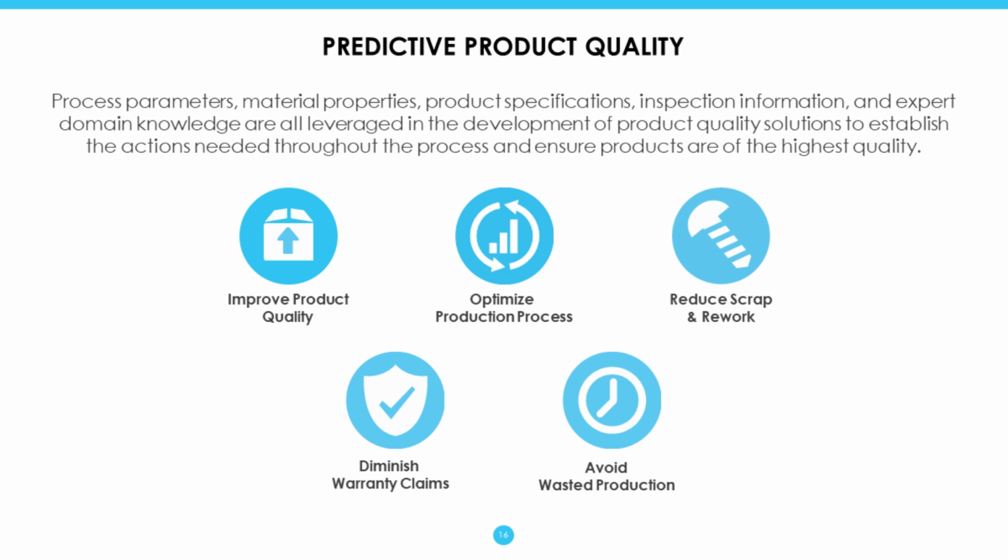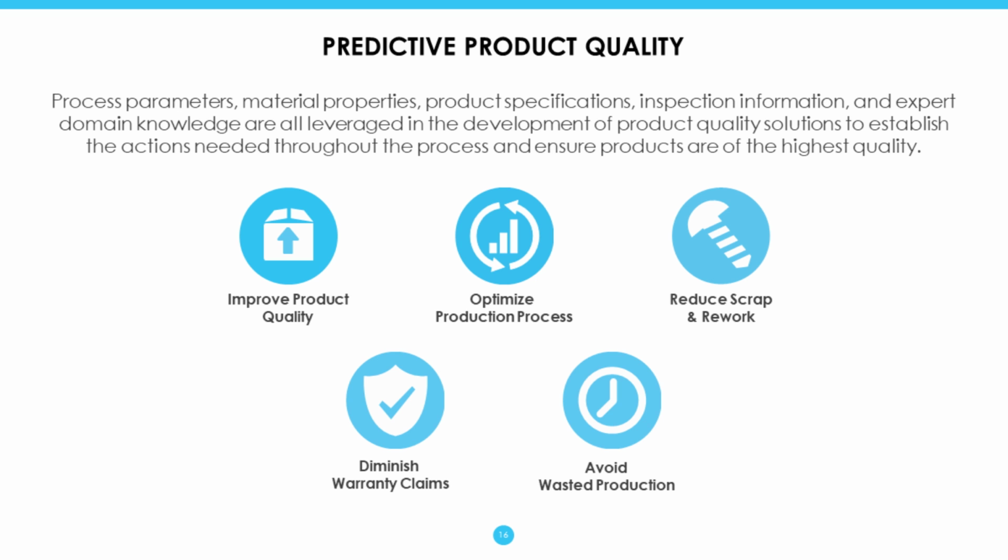Then inspection information from quality measurements that may have been done on the part, which may be kept in your quality system or SPC system. And of course, expert domain knowledge, because the experts know the type of defects that typically occur on that type of product. So in order to achieve our business case, we need to find the right data model.